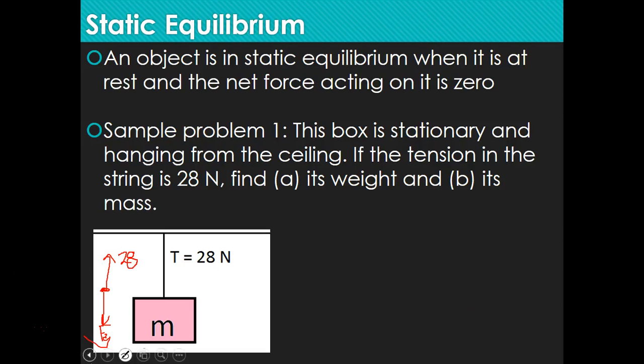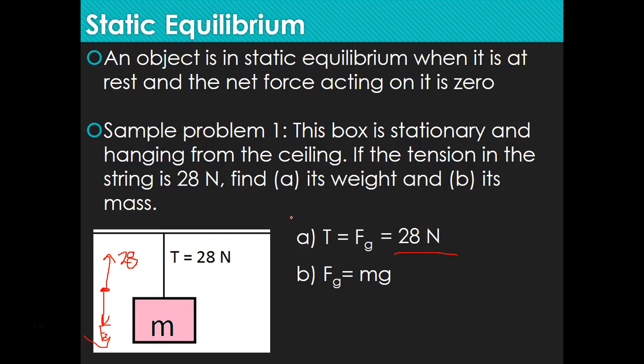So the tension will just be equal to the force of gravity since the net force acting on it is zero, and those two forces are in opposite directions. So T is equal to Fg, and to get Fg, we just do the object's mass times its gravity, but we already have the number for tension, so it's going to be 28 newtons.